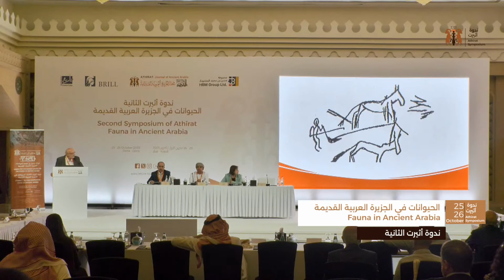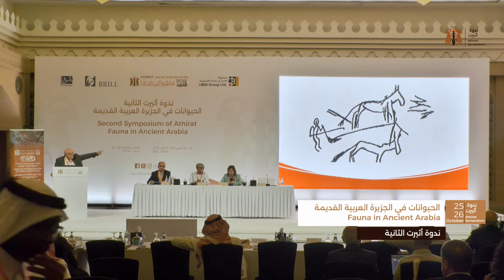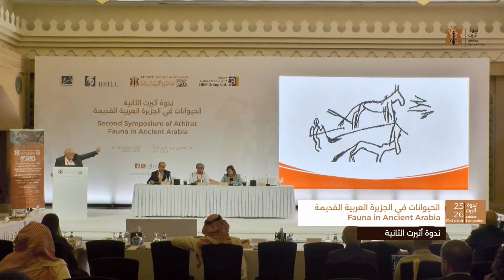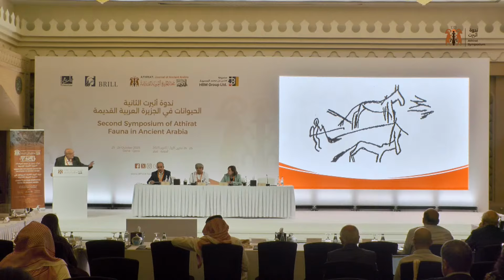Here we see two animals, probably oxen, and a person, I would tip a man, a male, and you see here the structure of the equipment, almost identical with what we know today.